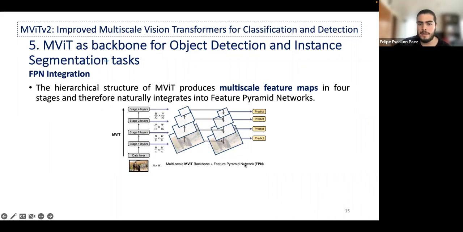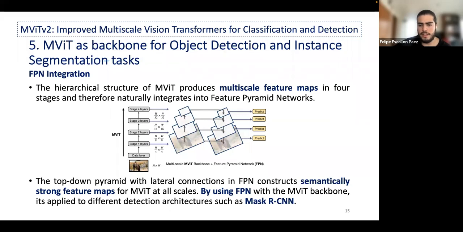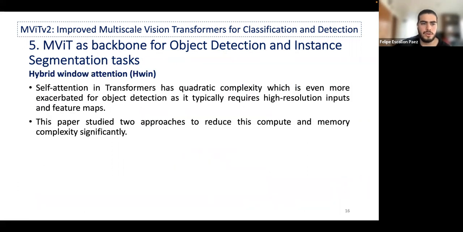The FPN could be any FPN-like network, like Mask R-CNN, for example. That was the one they used, and they also compared to similar ones like Cascade Mask R-CNN. Furthermore, they proposed the hybrid window attention in comparison to a normal base window attention and the one proposed by the Swin transformer.